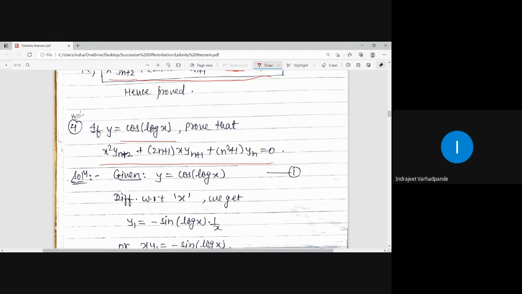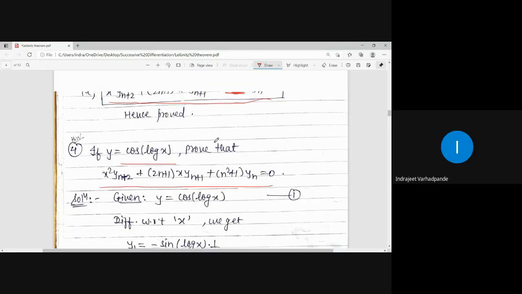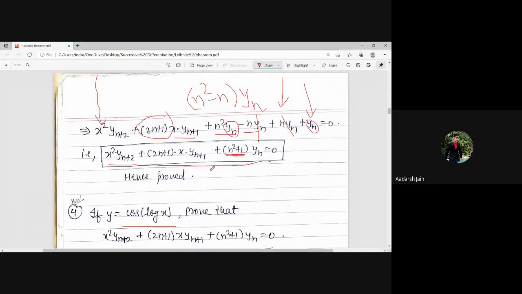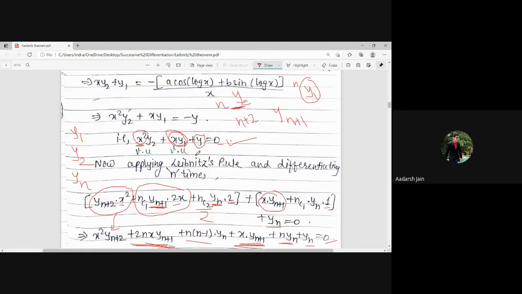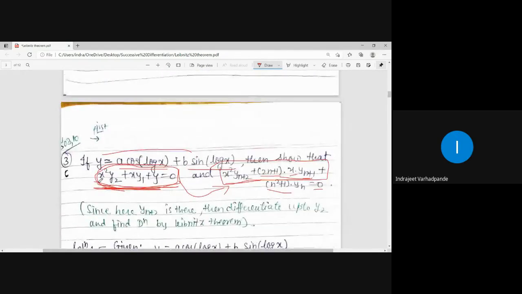Sir, in the previous question, that is question number two, they asked for two things to prove, and we proved only one in the last. No, this we have proved earlier, and this is the second.